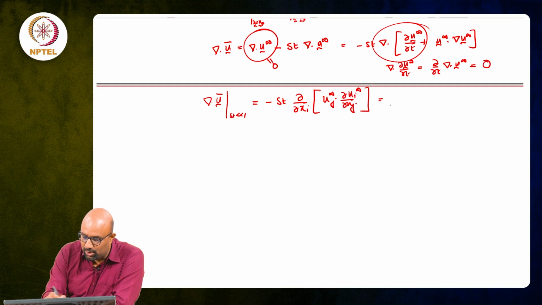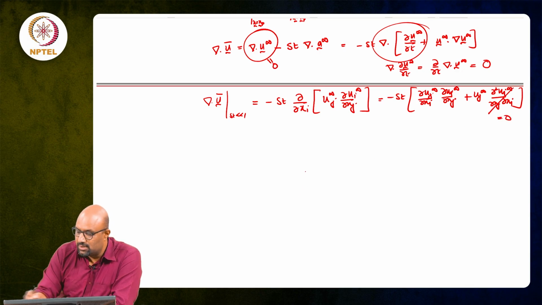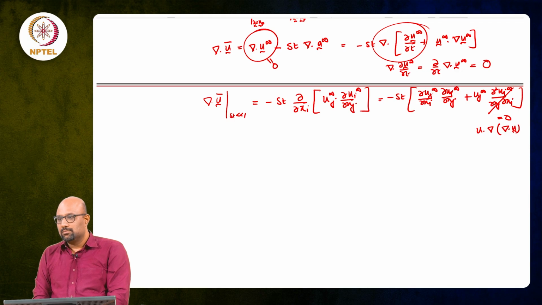Now, if I take the dou xi inside, this is going to become dou uj infinity dou xi times dou ui infinity dou xj plus uj infinity dou square ui infinity dou xj dou xi. What is this term? 0, because this term is u dot del divergence of u. Okay, that term is 0.